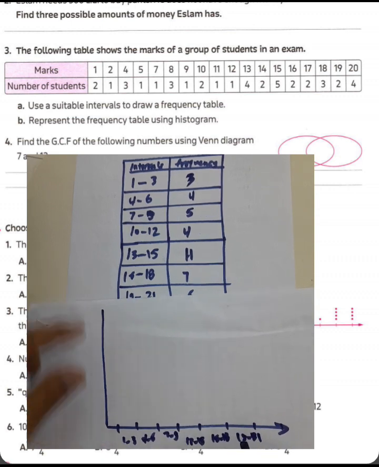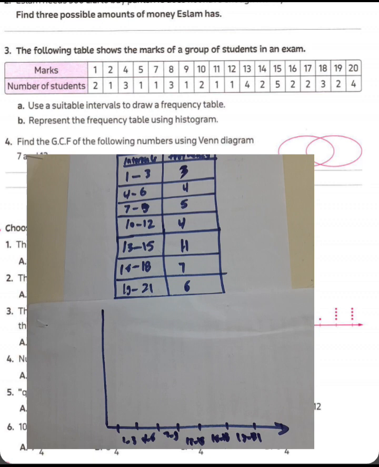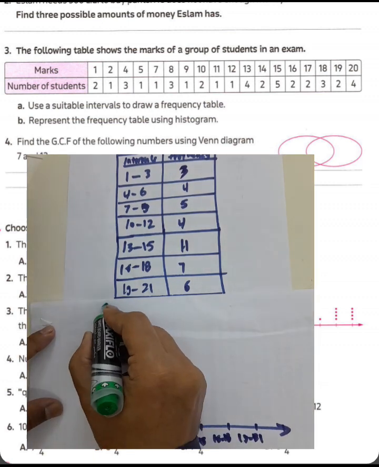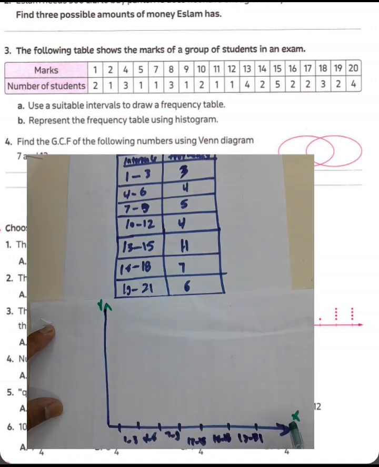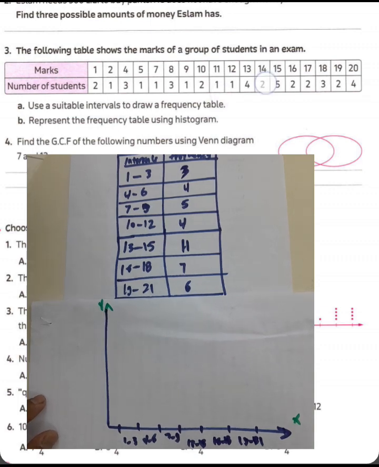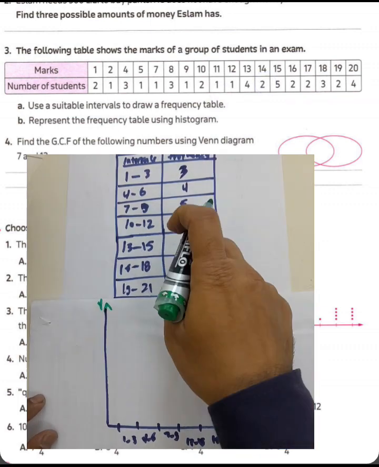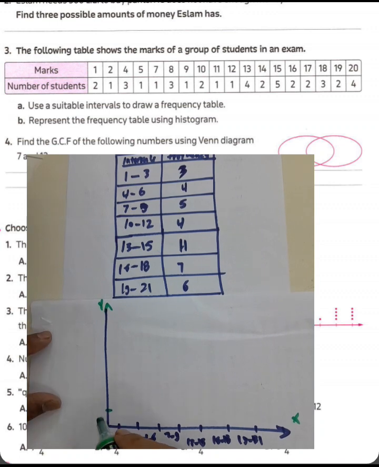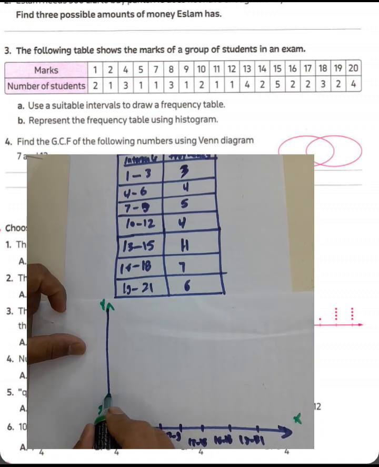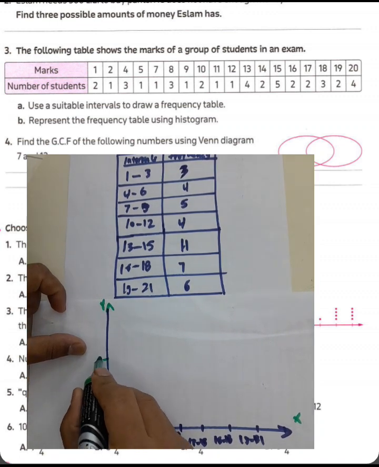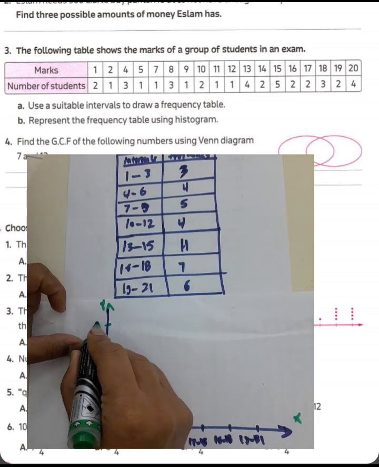And the next step, we will draw the vertical axis here, the y-axis, and here the x-axis, marks, and the number of students. We can put from 1 to the greatest number here, which will be 11. Okay, we can draw 2, 4, 6, 8, 10, 12.